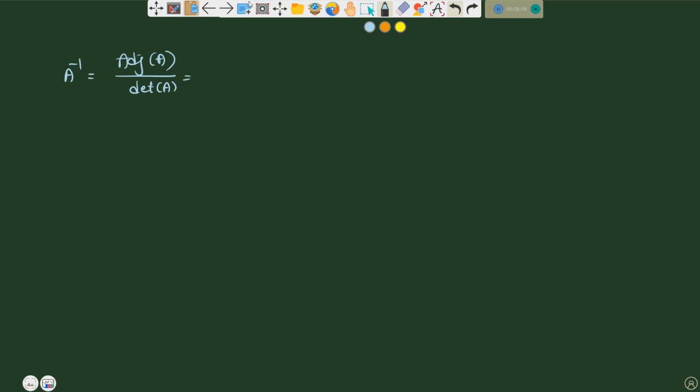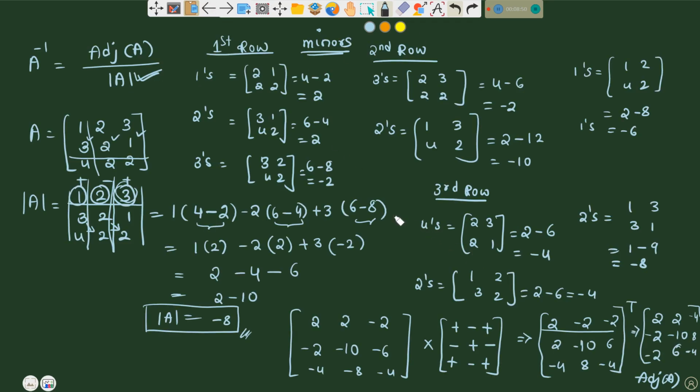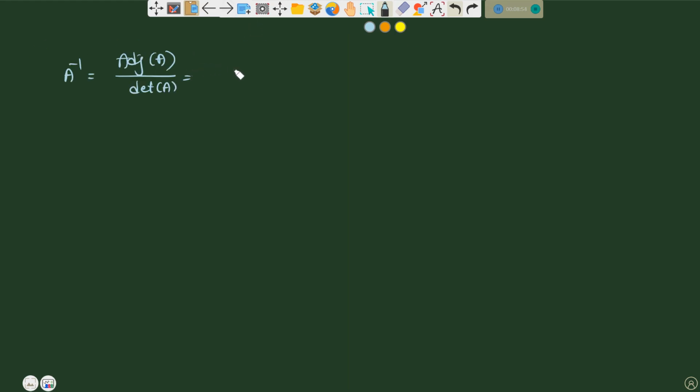So you got the determinant value in the previous step as minus 8, correct? So now you have to do adjoint of A. What did you get? You got the adjoint of A as, recently we got, right? 2 2 minus 4, minus 2 minus 10 8, minus 2 6 minus 4.